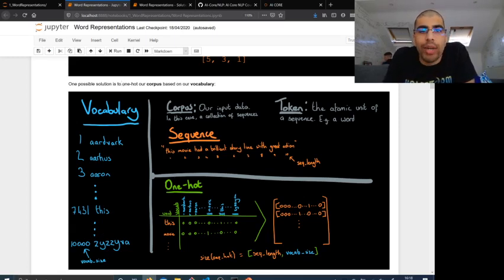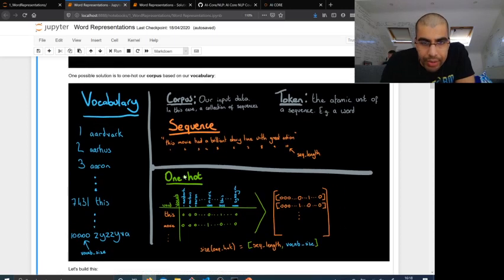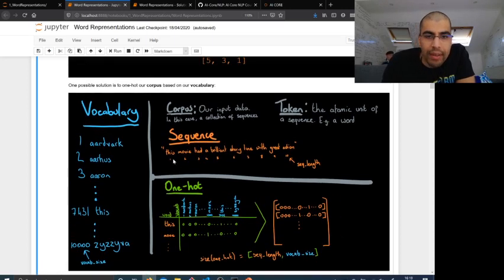Now, we said we're going to one-hot our corpus based on our vocabulary. What does this mean? We have a sequence, and we have indexes which map these individual tokens to a number. For one sequence, the sequence length is 10, as I said earlier, we have 10 tokens. To one-hot it, each word in the sequence needs to be represented by a vector that is zeros everywhere and a 1 at the relevant index in the vocabulary.